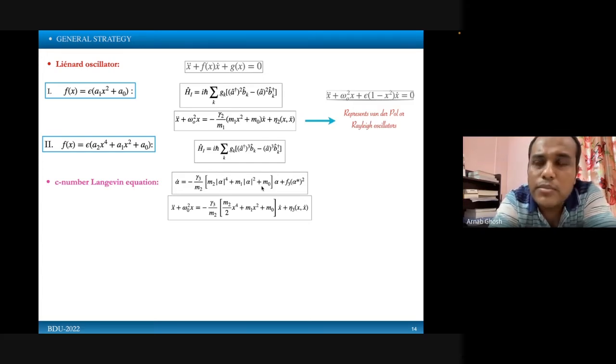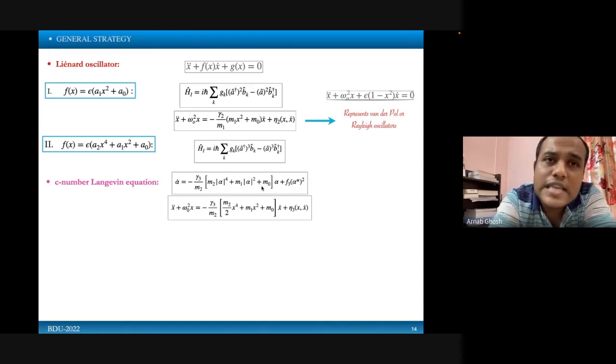And this C number formalism, what we found, is very equivalent to the other formalisms that are particularly used in condensed matter physics, using path integrals or other techniques or density operator methods. Here, following this C number approach, we follow the standard Heisenberg-Langevin approach.